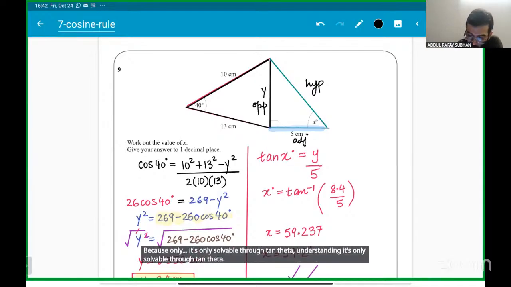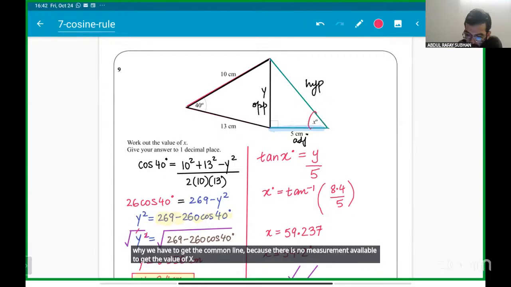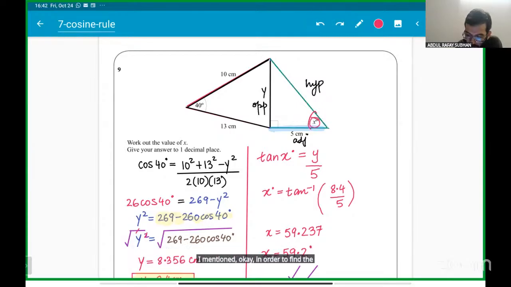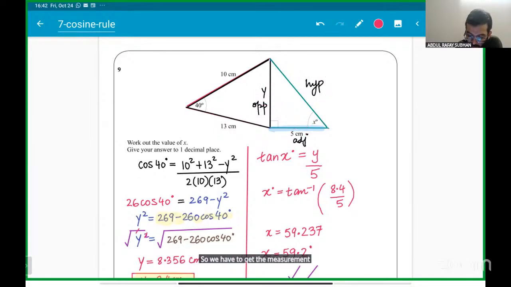So let me repeat. What we have to do is basically get the common line, because the measurement is available, to get the value of x. I mentioned that in order to find the angle or measurement using SOHCAHTOA, we need one angle and one measurement. So one measurement is available, but no other measurement was available. So we have to get the measurement from the black triangle.